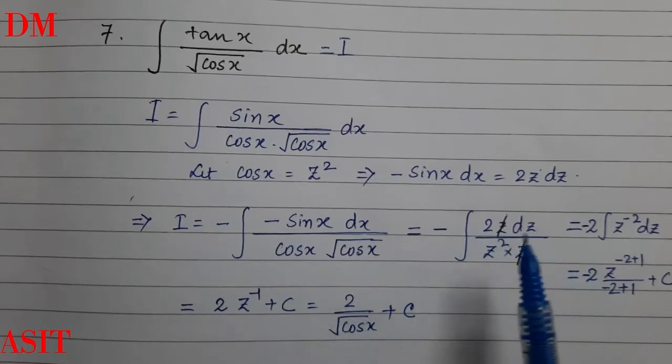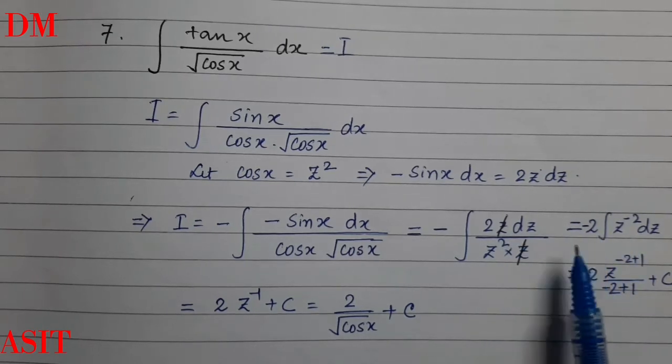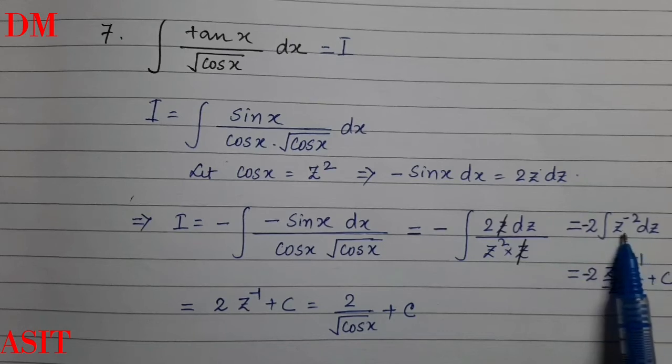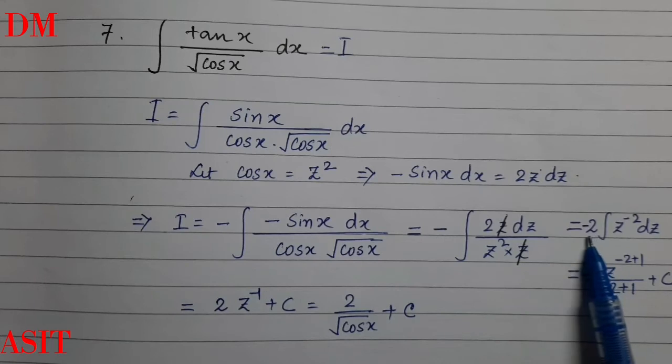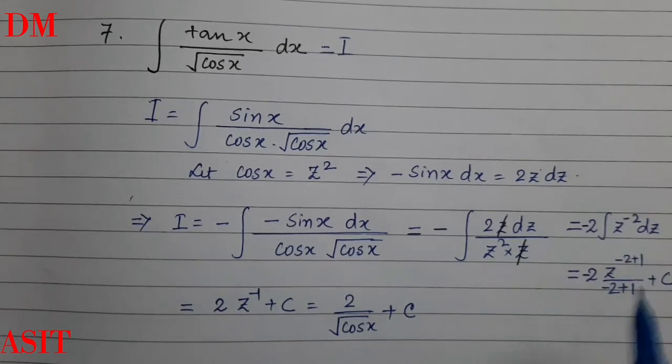Now we can integrate 2 by z square by considering z square in the denominator as z to the power minus 2. So 2 into integration of z to the power minus 2 dz will become z to the power minus 2 plus 1 by minus 2 plus 1.